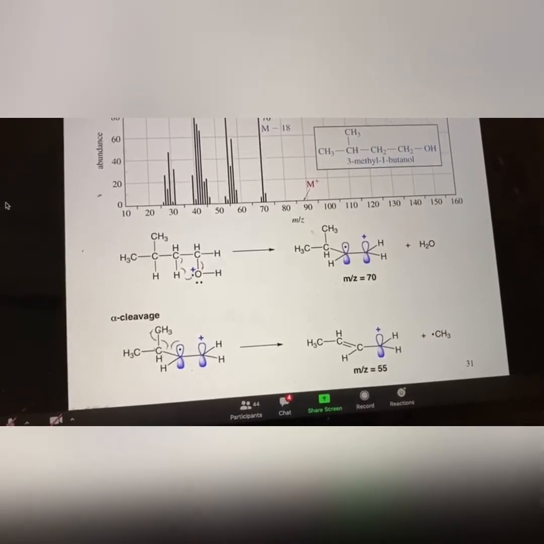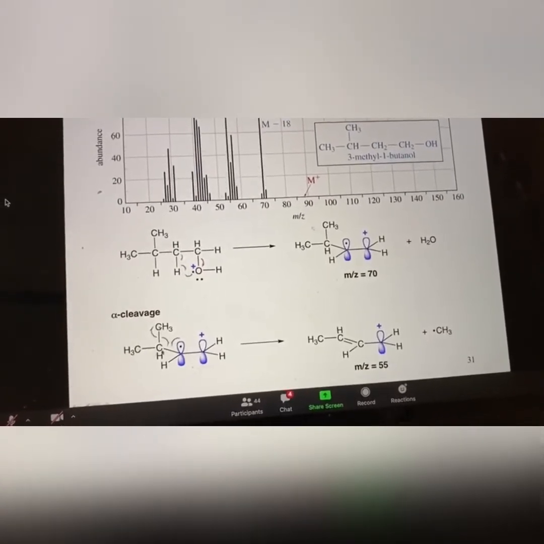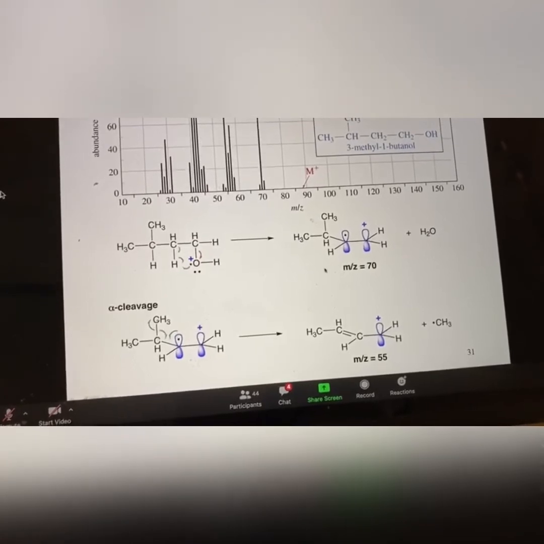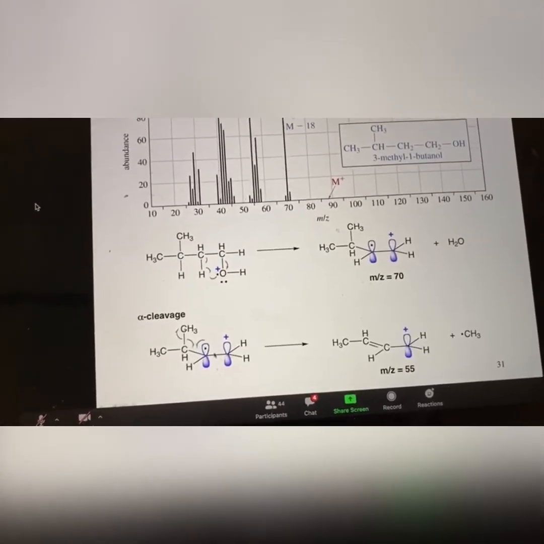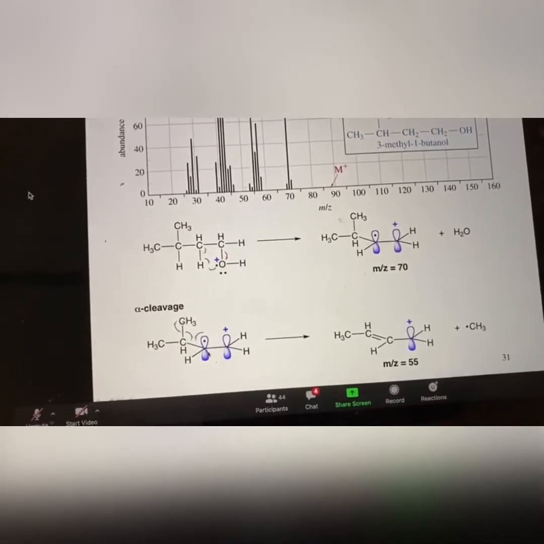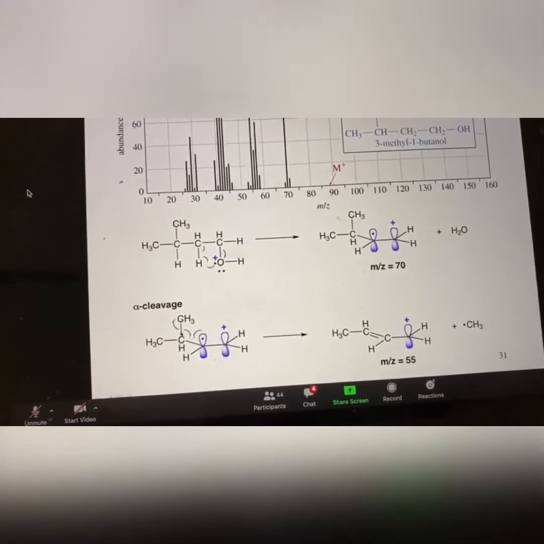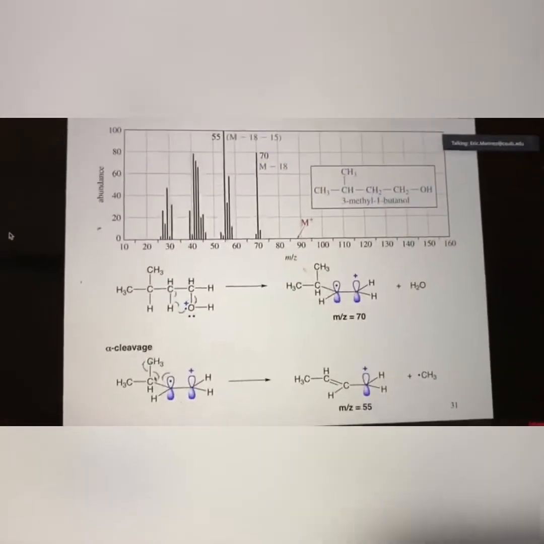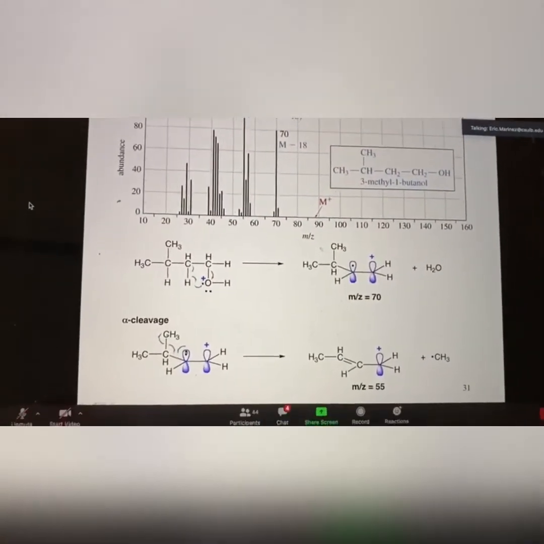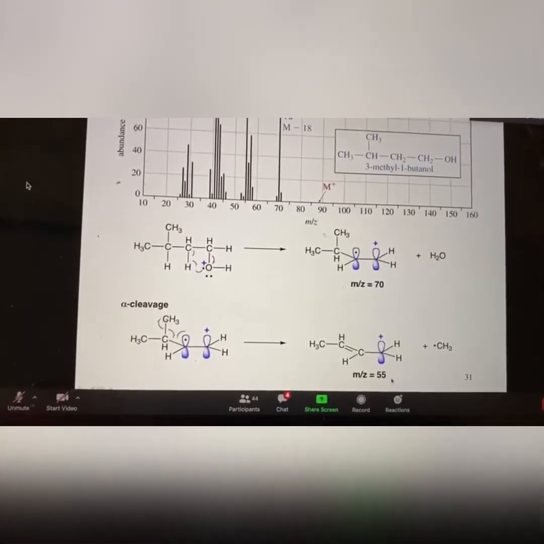It's going to undergo an alpha cleavage that we just talked about for alkenes. So this is basically an alkene now with one single electron in the double bond. If I break this bond homolytically here, I'm going to make a methyl radical, and I'm going to take this electron, push it here, and push that. I form an allylic carbocation.